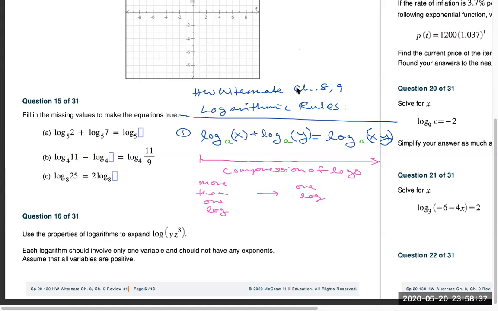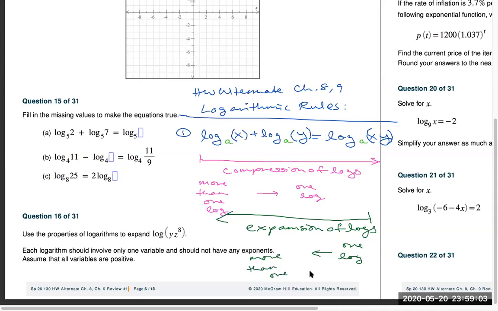If you start with the right side and you're trying to figure out what should be on the left side, that's expansion of logs. And that means you have one log and you want to expand to more than one.